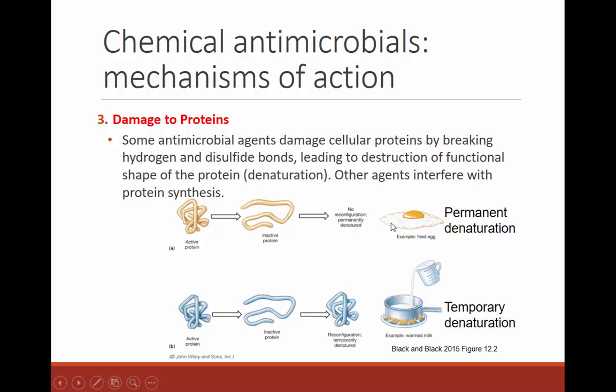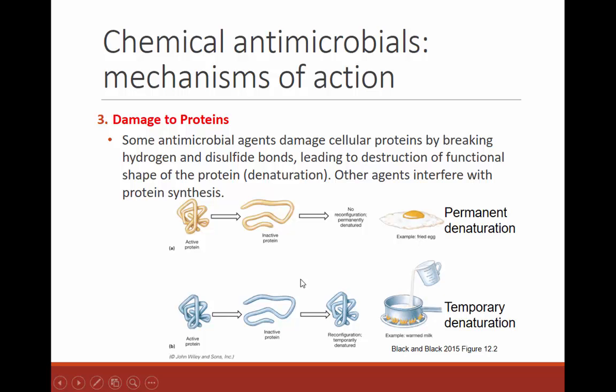So if you think about a fried egg, okay? If you look at a raw egg, that white part in a raw egg is quite runny. But when you apply heat, you will denature the proteins. You will make that protein inactive, and there's no way it can become reactivated. Okay, you've destroyed it completely. So that's permanent denaturation. You think about the white of an egg.